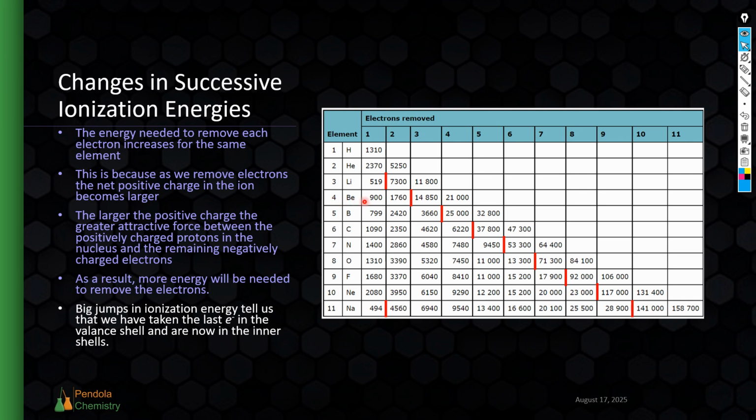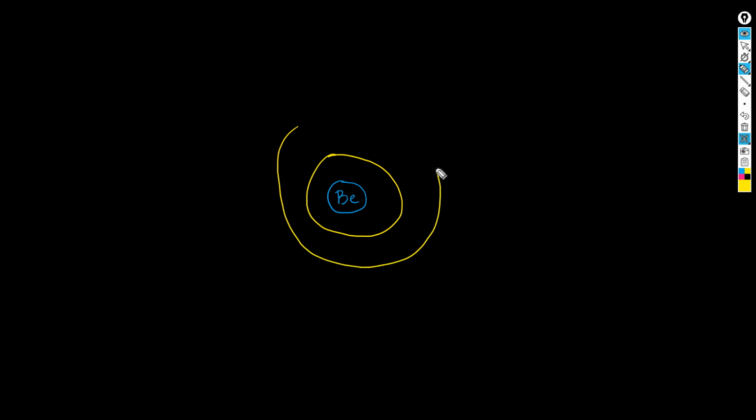Let's use a very small ion, something like beryllium. So let's say we have an atom of beryllium. Here is the nucleus, and then we have the first energy level and the second energy level, and pardon my drawings, I know they're horrible, but we have n equals 1 and n equals 2 here.